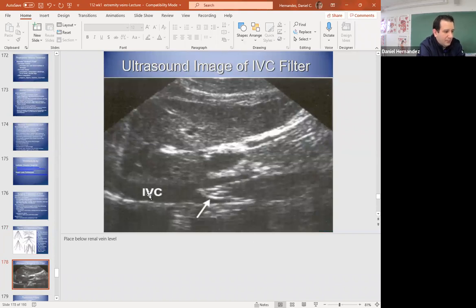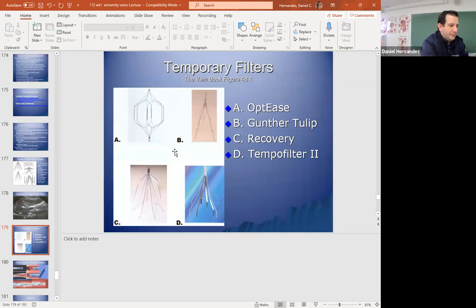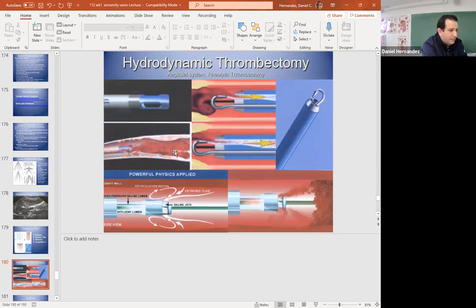Here's an ultrasound image of a patient's IVC, and you can see the IVC filter placed here in the echogenic structure. There are also temporary filters that can be placed. This is just another thrombectomy hook, so you can enter into the vessel and try and extract the thrombus itself.